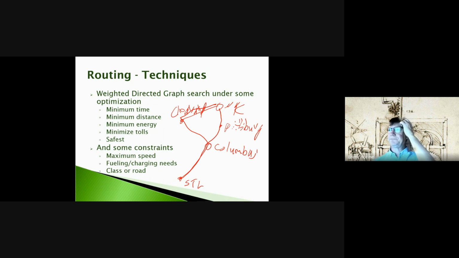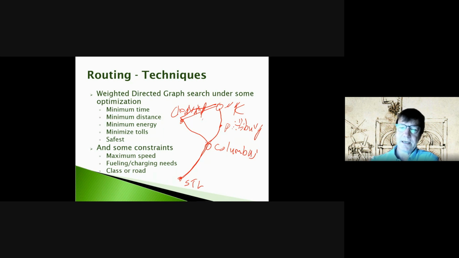So these nodes here are different routing points, right? So we might travel through some of these things. And each one of these connections is an edge, and we call these weighted because these might be weighted with the distance, right?